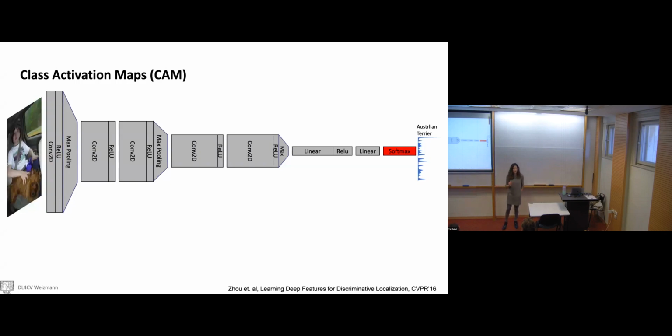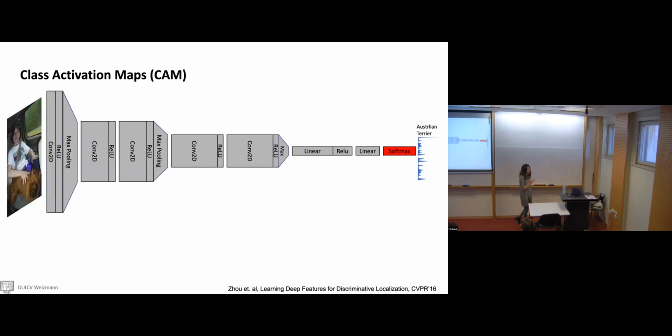By the way, we didn't talk about it, but what do you think is the problem with the occluder approach? Do you see any problematic hyperparameter that you need to tune here? Yes? Exactly, the size of the patch that you occlude could dramatically affect the result. If the patch is too small, it won't matter for the classifier, even if it's on the face.